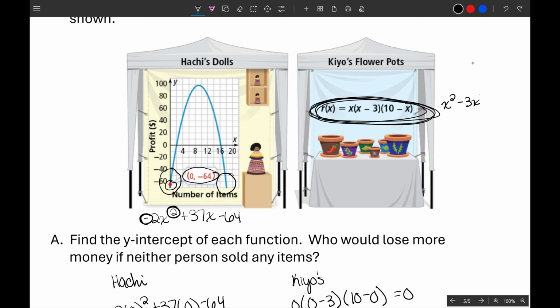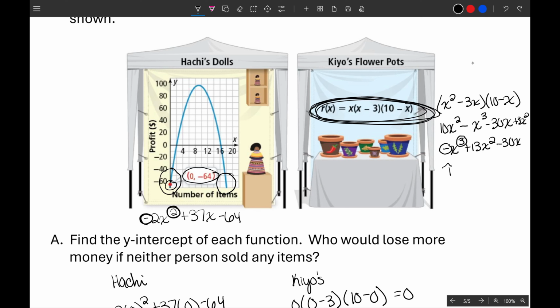And then I would have to take that times 10 minus x. So I would get 10x squared minus x to the third, and then minus 30x plus 3x squared. So I would end up with negative x to the third plus 13x squared minus 30x. This is odd, and we're going to end on a negative note.